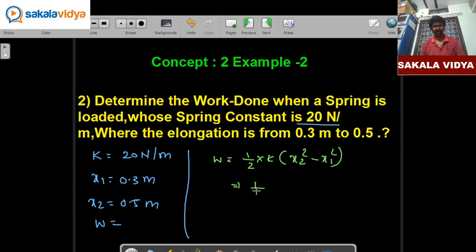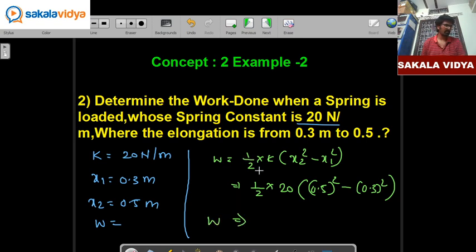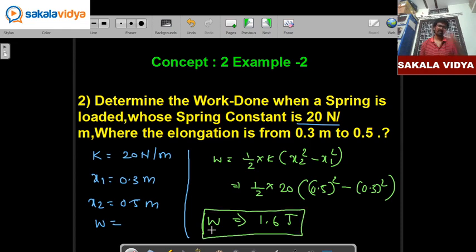So half into 20 into 0.5 whole square minus 0.3 whole square. If you solve this, the work done for this example 2 will be 1.6 joules. So what is the answer? 1.6 joules.